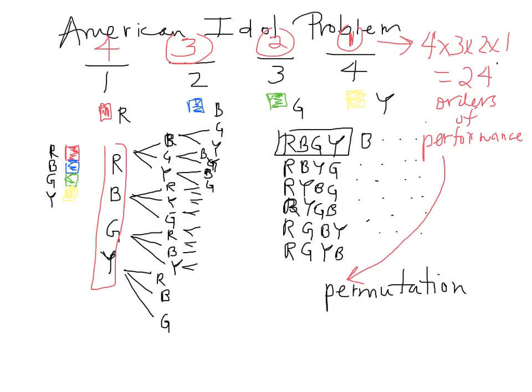This would be called 4 permutation 4, because it means we have 4 things and we want to order all 4 of them. The formula looks like this: 4 factorial over (4 minus 4) factorial. We'll talk more about that in class.